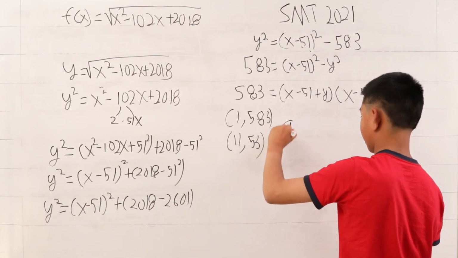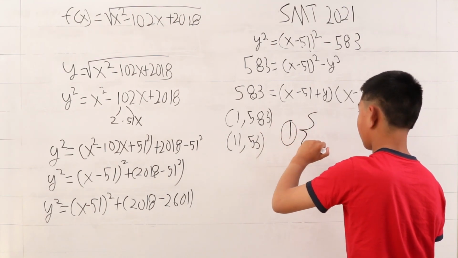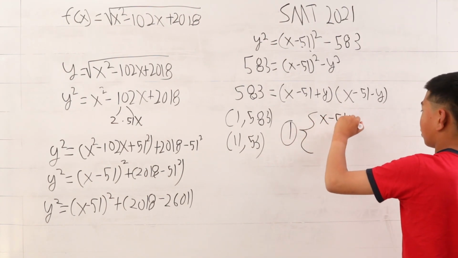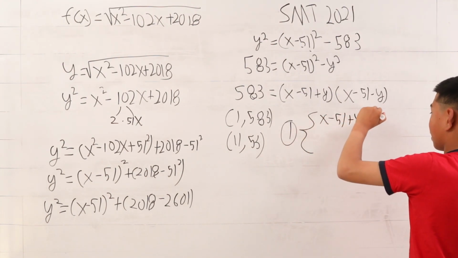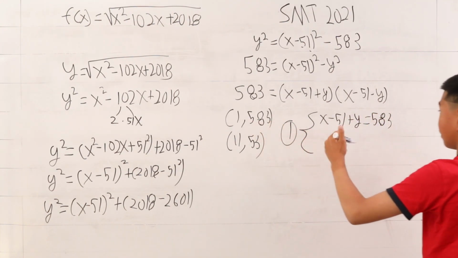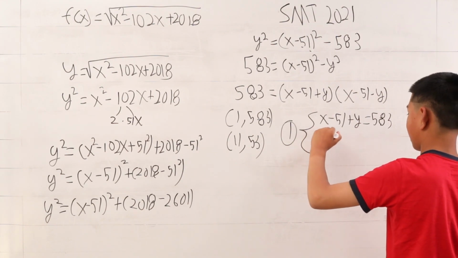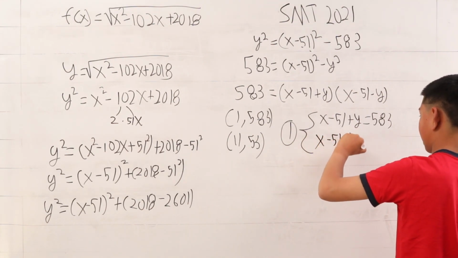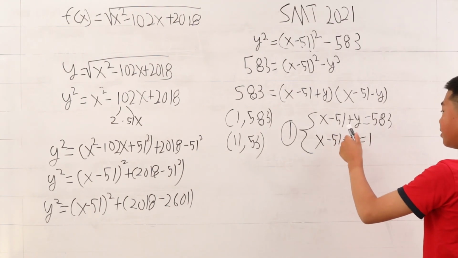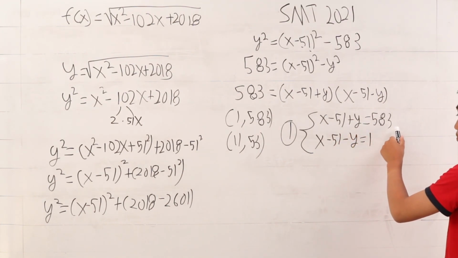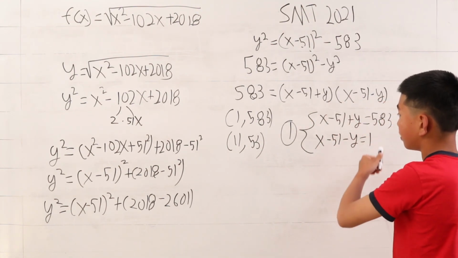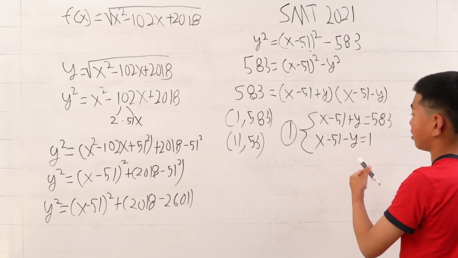The first case is where x minus 51 plus y is 583 and x minus 51 minus y is 1. We assume that this is 583 because it's greater than this, since it's adding a y instead of subtracting it.